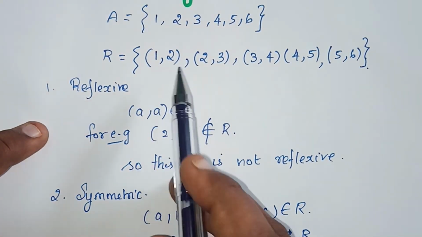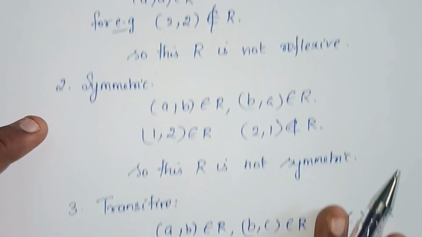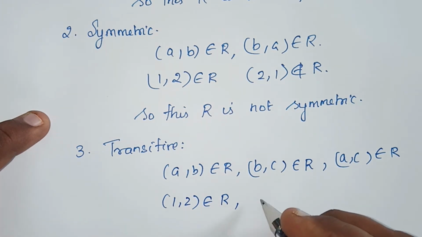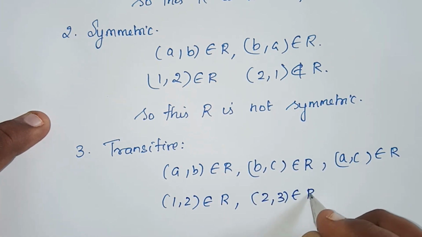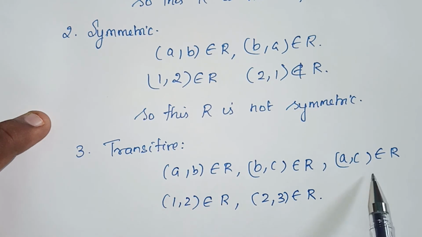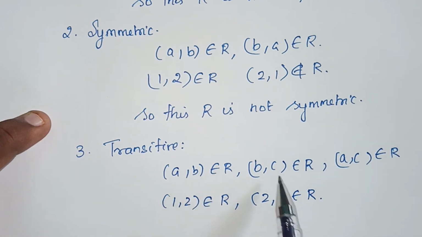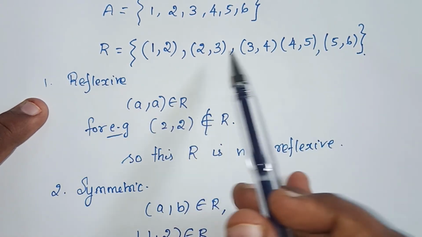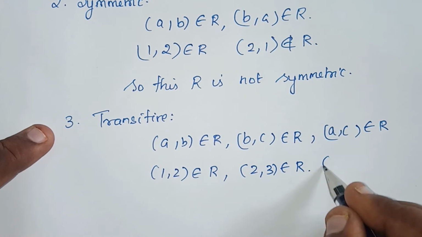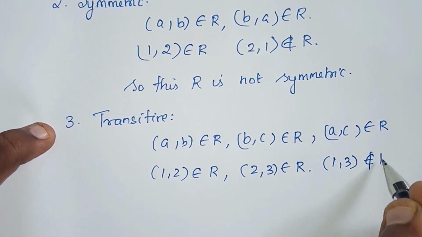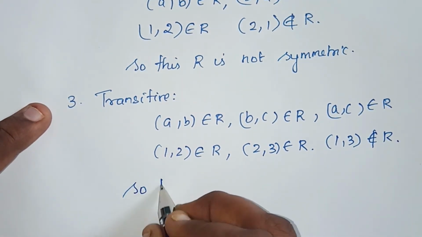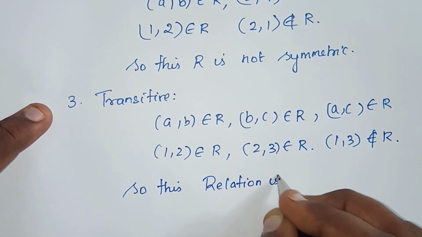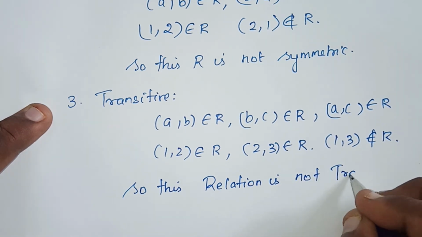So, we can take two pairs, (1, 2) and (2, 3). (1, 2) belongs to R, that is true. (2, 3) also belongs to R. So, then (a, c) should also belong to R. So, (1, 3). Is (1, 3) available in this relation? No, (1, 3) is not available in R. So, (1, 3) does not belong to R. So, this relation is not transitive.